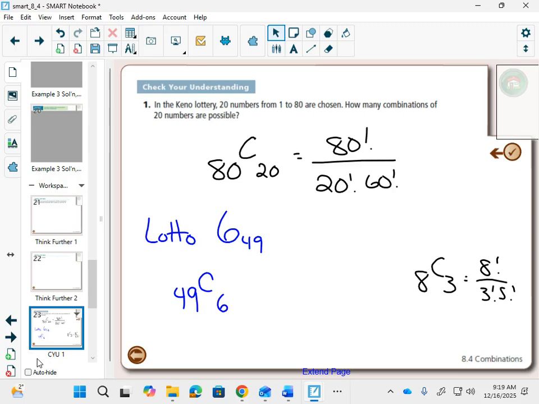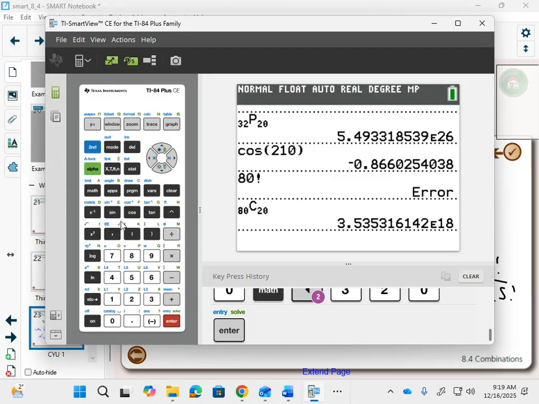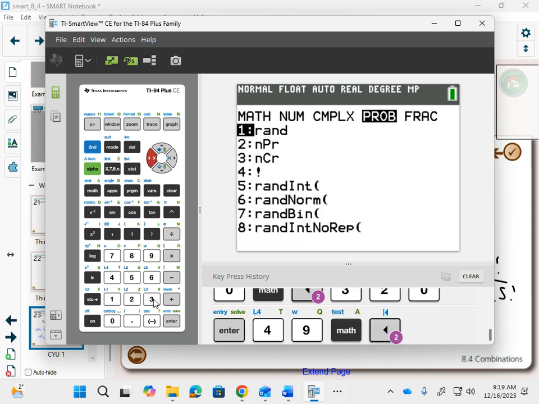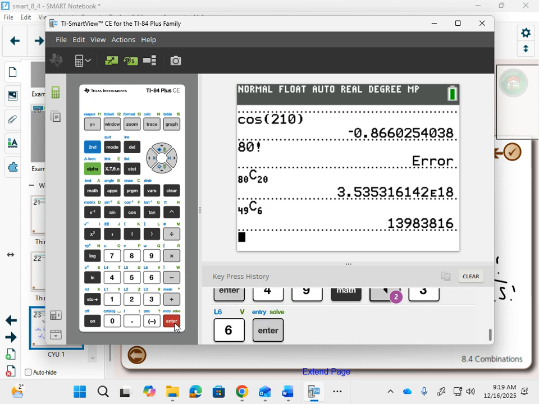I'm very close to remembering it. I think I'm off in the middle numbers. It's like 13,972,960. I'm pretty sure that's off, but let's check it out. 49, math, probability, choose, 6: 13,983,816.